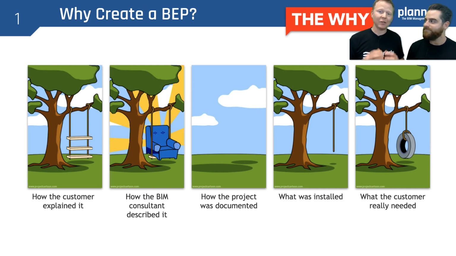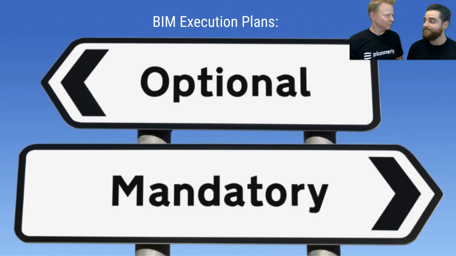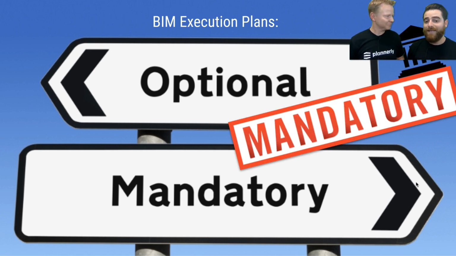We really need to have a common agreement between multiple different teams, different disciplines, so that we can follow the standards and processes to get to the right outcome. Are they optional or are they mandatory? Some places they are optional, and we're seeing a lot more mandatory, actually.